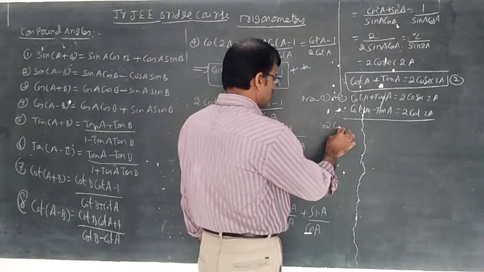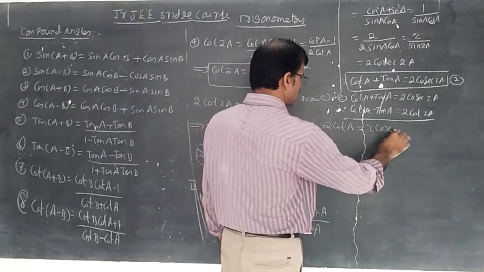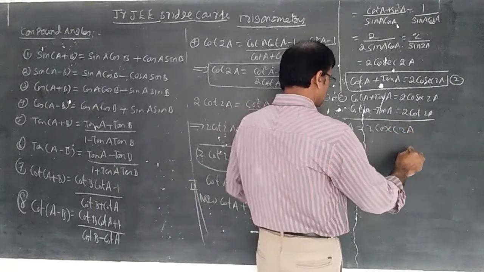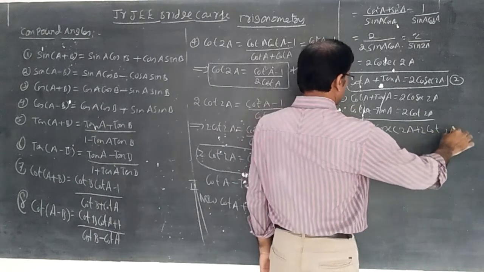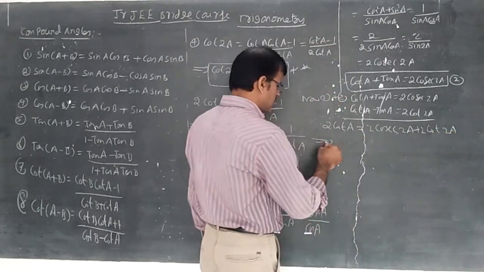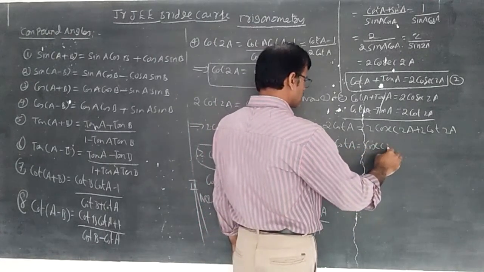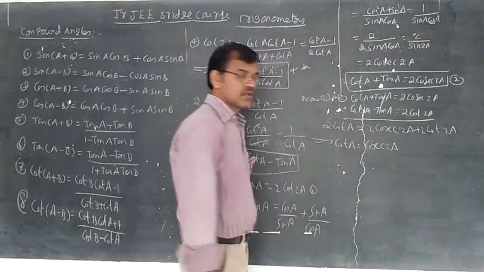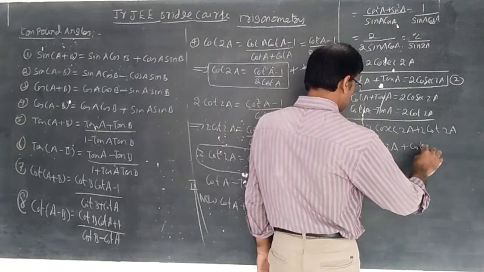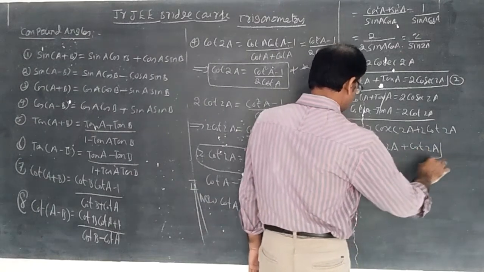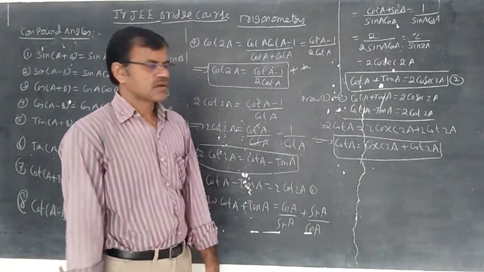You get 2 cot a is equal to 2 cosec 2a plus 2 cot 2a, taking 2 common. Divide with 2, it becomes cot a is equal to cosec 2a plus cot 2a. These formulas are useful in objective exams.